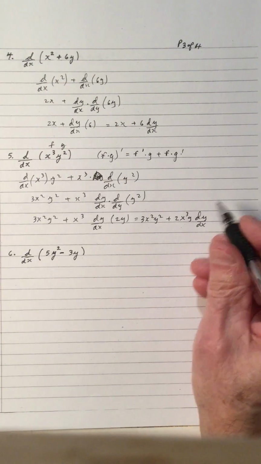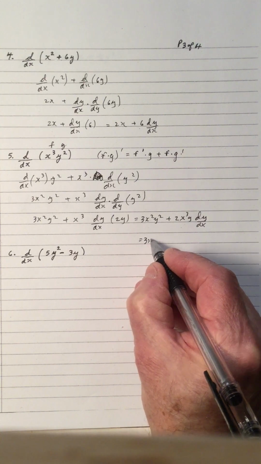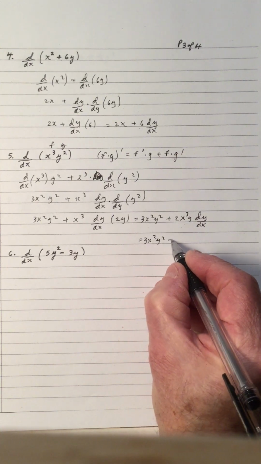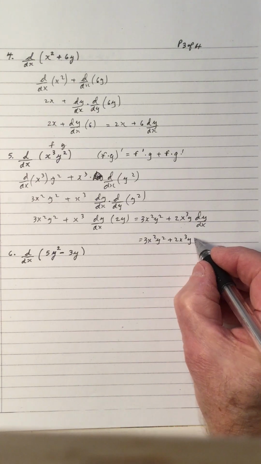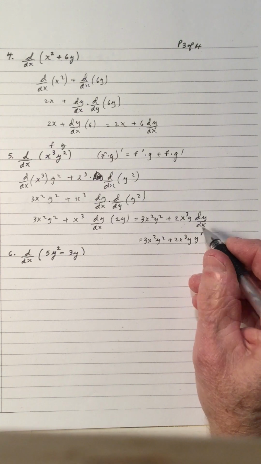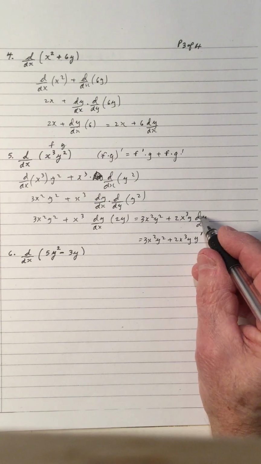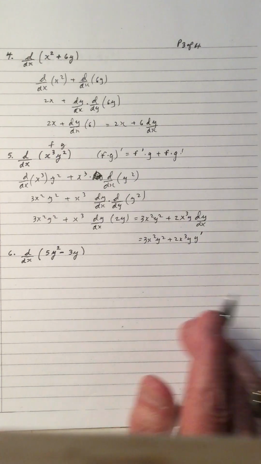I want to rewrite that as 3x squared y squared plus 2x cubed y dy dx. And dy dx could also be called y prime, which is the derivative of y in terms of x. You'll see many more of these being done later on.